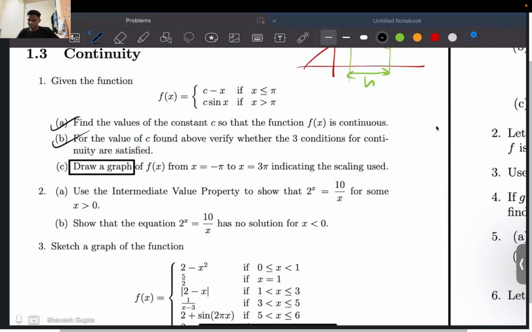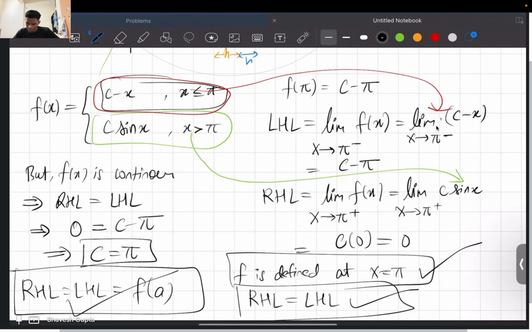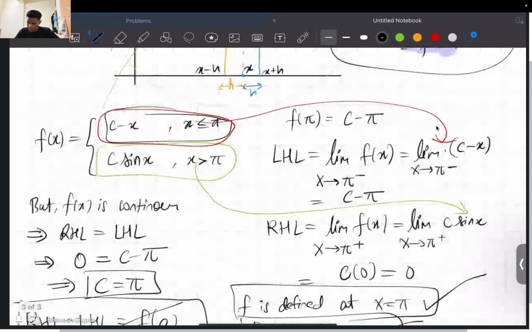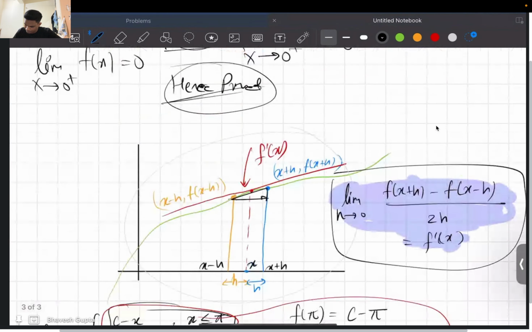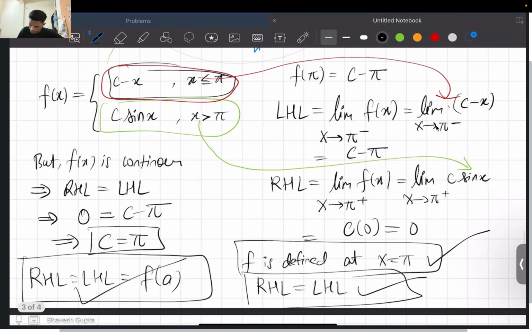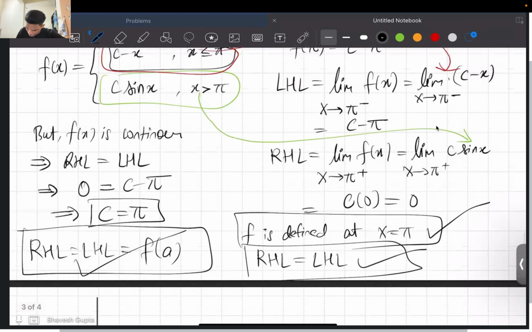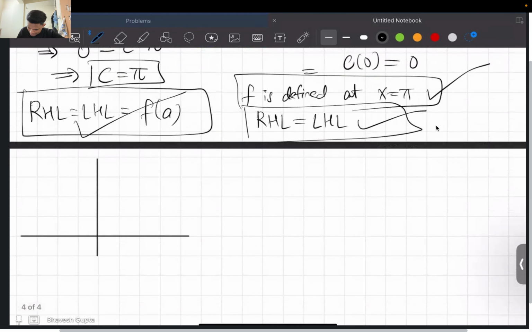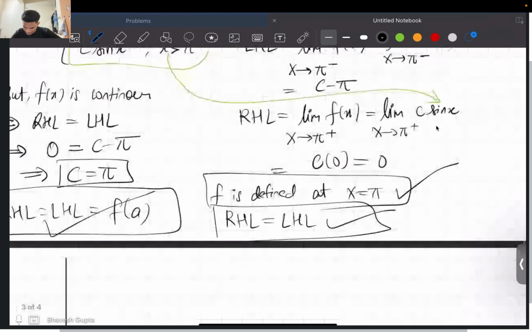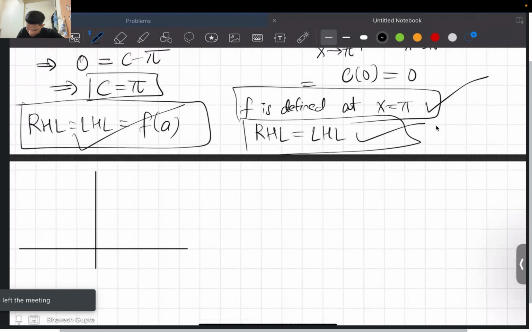And part c just basically tells you to plot the graph. Since I know this will be pi minus x, we have this particular line, and the difference comes here.